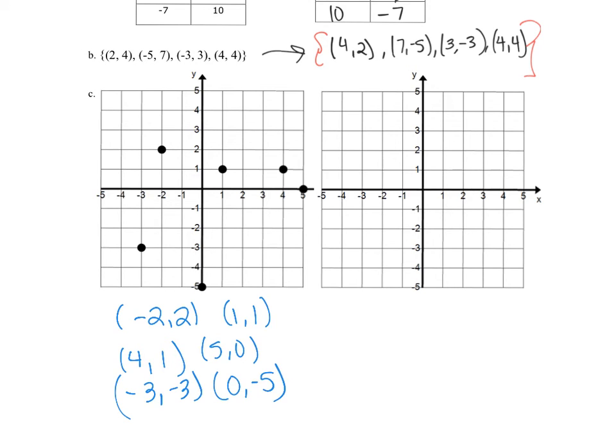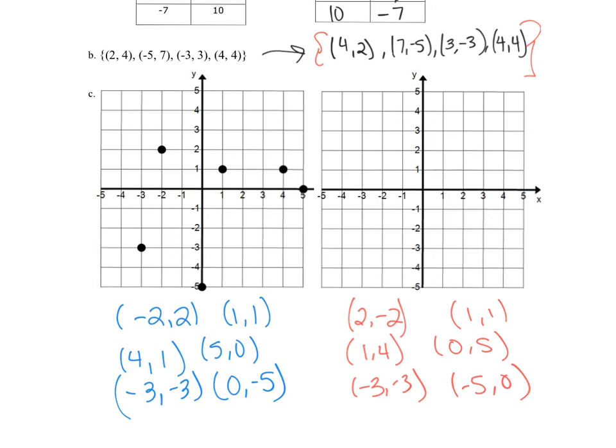Okay, somebody other than her, switch them for me. Give me the new order pairs. Good. Give me the next one. Good, keep going. Good. Good. Got it for you. Okay?